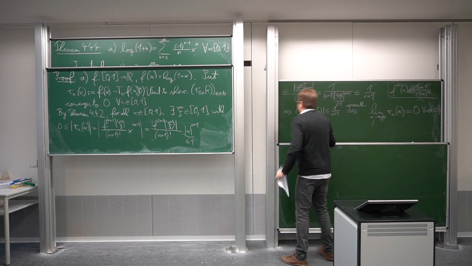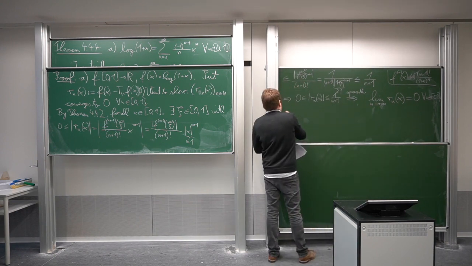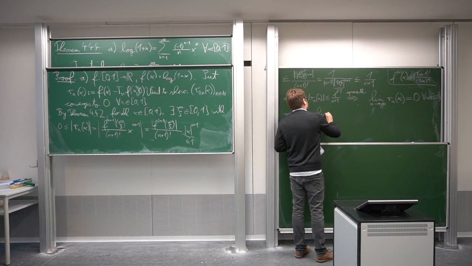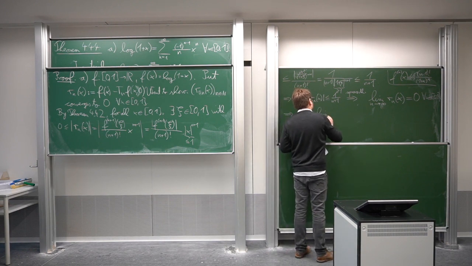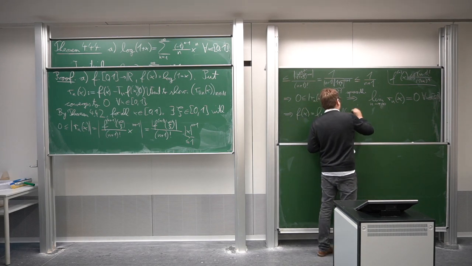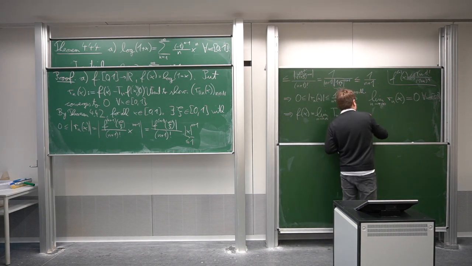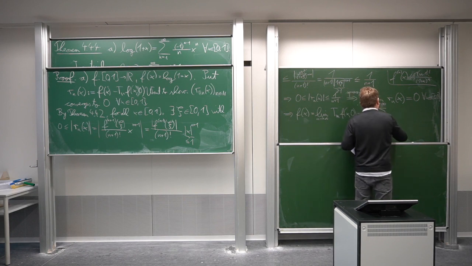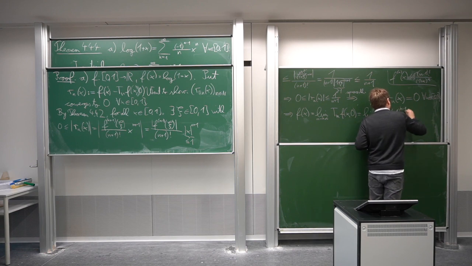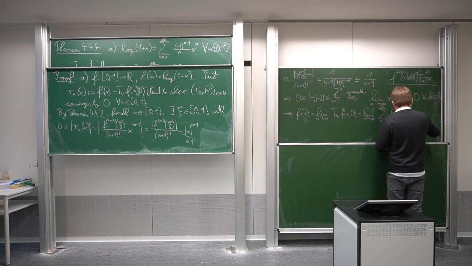But this shows, just by definition of Rn, that f of x is the limit as n goes to infinity of Tn f of x at 0. And this is, of course, just the limit n to infinity of the sum k from 1 to n, minus 1 to the k minus 1 over k, x to the k.